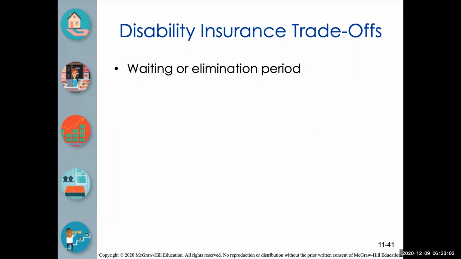Sometimes it can be upwards of 90 to 120 days. So they're not going to start paying you right away if your disability is simply going to be short-lived. So you can file, but you're not going to get the benefits until this waiting period terminates.